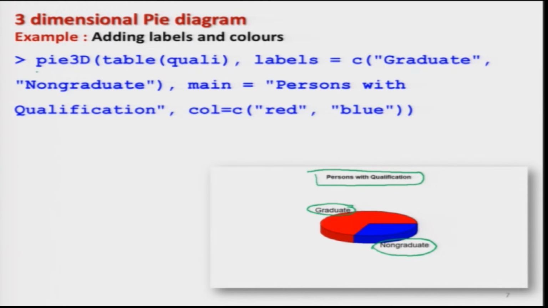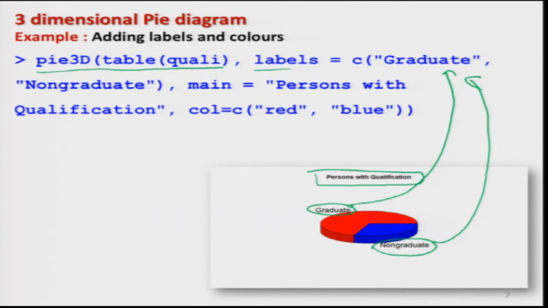For example, if you try to see pie3D table collie, this is the same command that we used earlier. Now, in order to give the 2 categories, graduate and non-graduate, I am using the parameter labels equal to graduate and undergraduate, whatever name we want to give inside the double quotes, and these 2 values are combined in a vector using the c command.